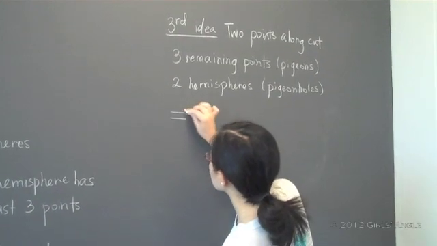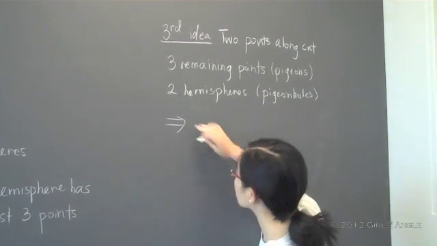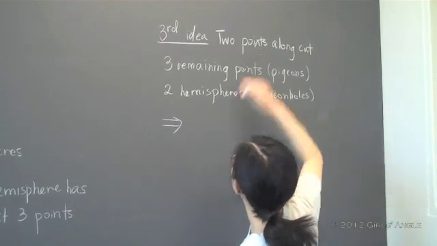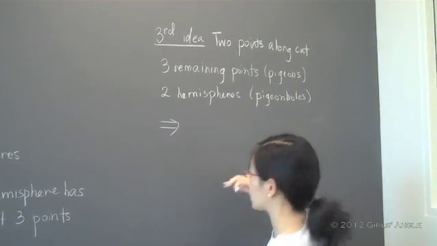So we conclude that there's one hemisphere with at least 2 points, not counting the other 2 points that are along the cut.